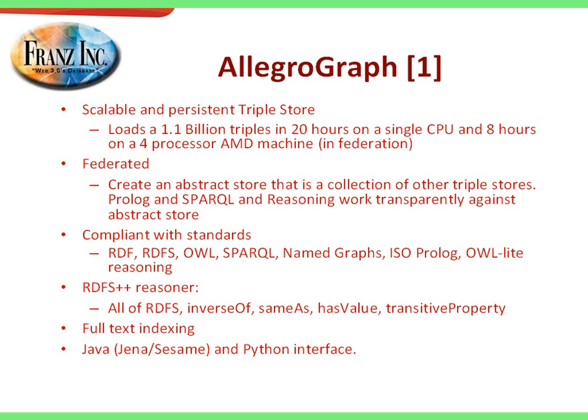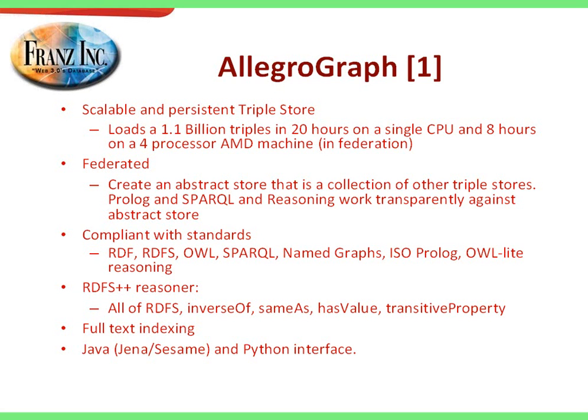Federation basically means in our system that you can have a collection of triple stores on the same machine or on different machines. Then you create a federated database, which basically is a set of pointers that point to other databases. And then our Prolog and SPARQL and Reasoner will work against this abstract store, and the query engine will figure out where your triples are.